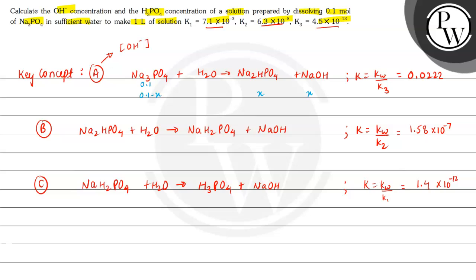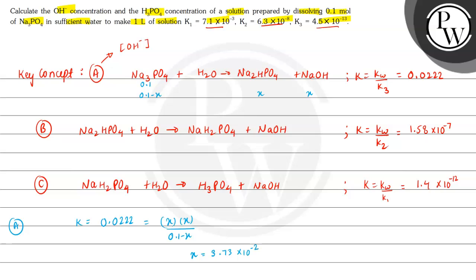Okay. So for the A part, the value of K, 0.0222, will be equal to X multiplied by X, that is product divided by reactant concentration, which is 0.1 minus X. When we solve from here, the value of X will be equal to 3.73 multiplied by 10 raised to power minus 2.